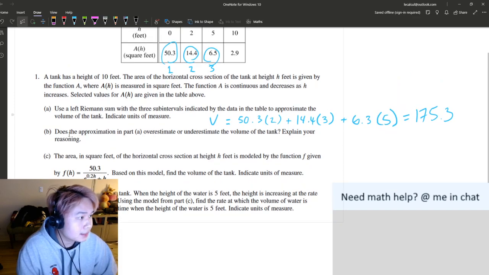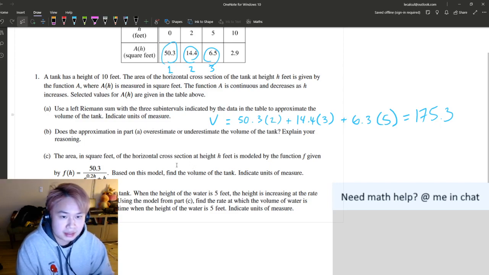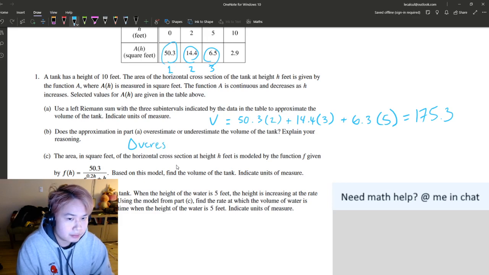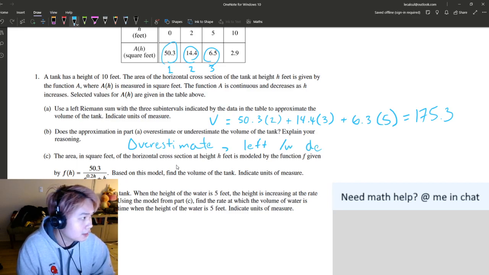Okay, does the approximation in A overestimate or underestimate the volume? This is an overestimation, and then you have to explain. That's because you're using a left Riemann sum with a decreasing function.